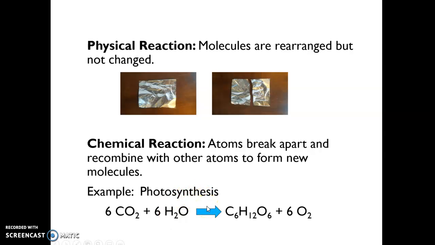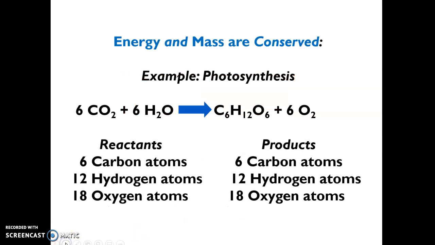In the presence of sunlight, these recombine, so you get 1 molecule of glucose, so there's no number in front of the molecule, but it has 6 carbon atoms, 12 hydrogen atoms, 6 oxygen atoms, and you also get 6 oxygen molecules as well.